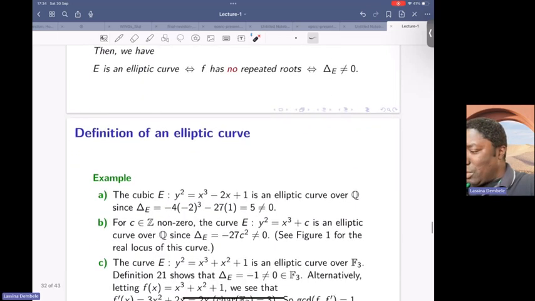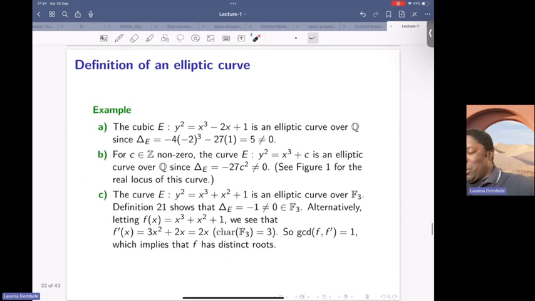Okay. So here are some examples. I gave 3 examples here. You can quickly check that in each case, the discriminant of the cubic is non-zero, which means that you have an elliptic curve. Okay.